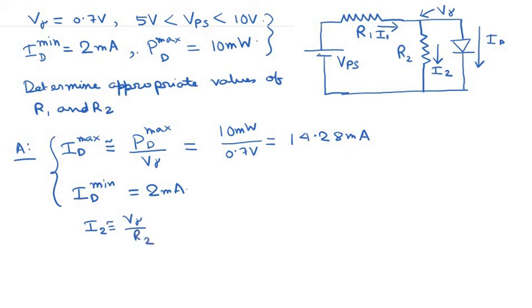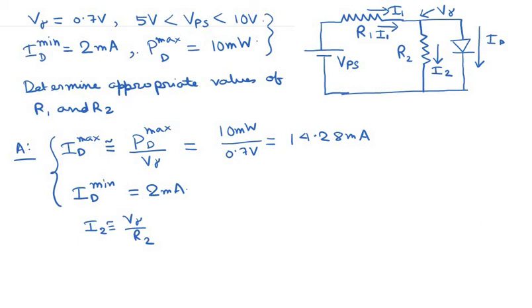Now if the voltage VPS increases, because the voltage at this point is kept fixed at V gamma, the current I1 would increase. Because the current I2 is constant, whatever increase happens for the current I1 flows through this diode as ID. So any increase in this current I1 must be reflected in this diode current ID. So the diode current ID is maximum when the voltage source VPS is maximum.